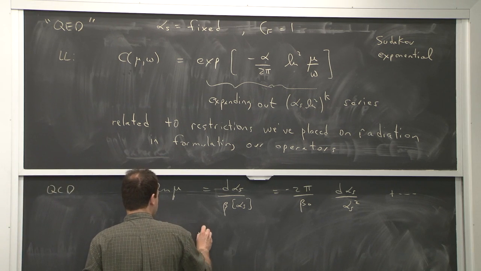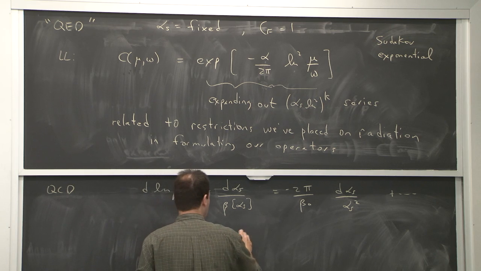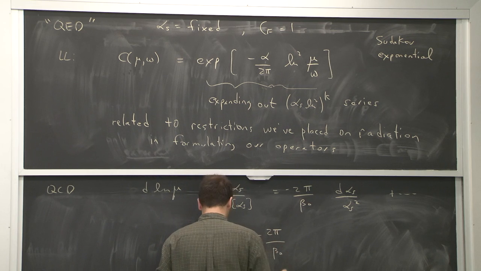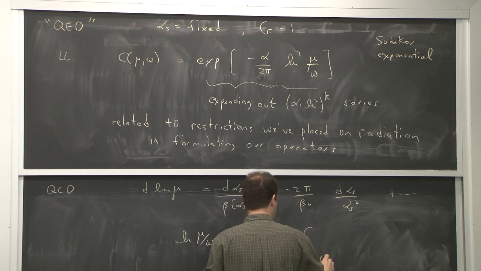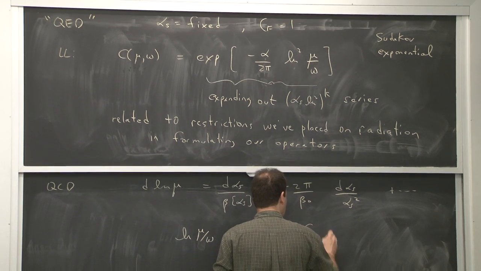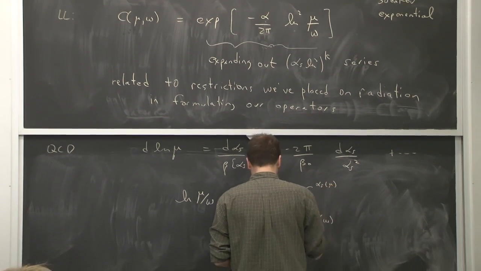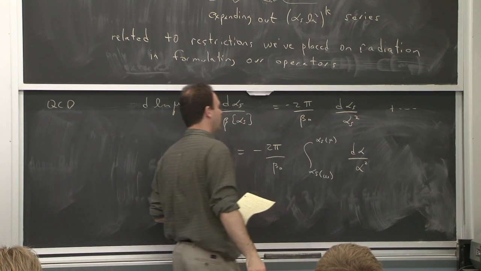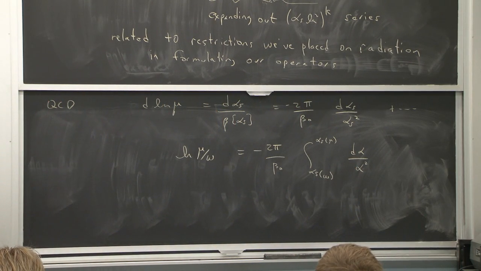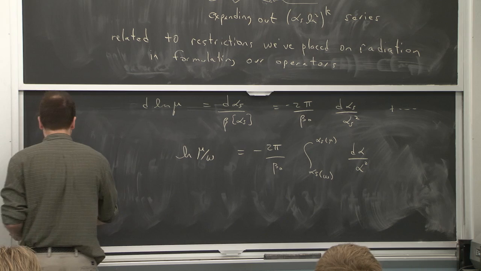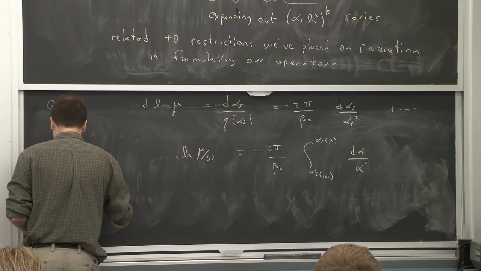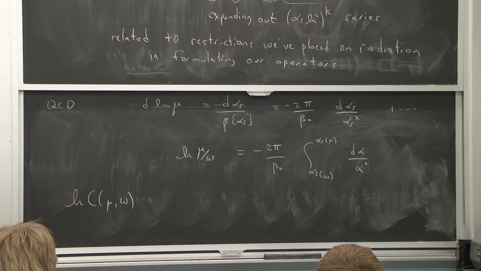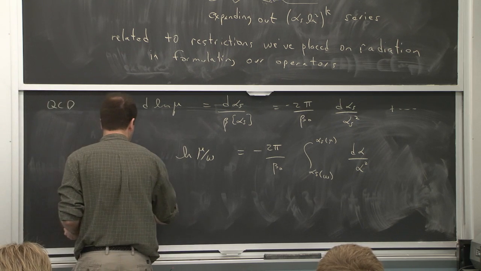And so what we can do is we can take this log, and we can also write the log as an integral over alpha. So alpha in this equation is some dummy variable. And so then just integrating both sides of this equation here, I can write it out.